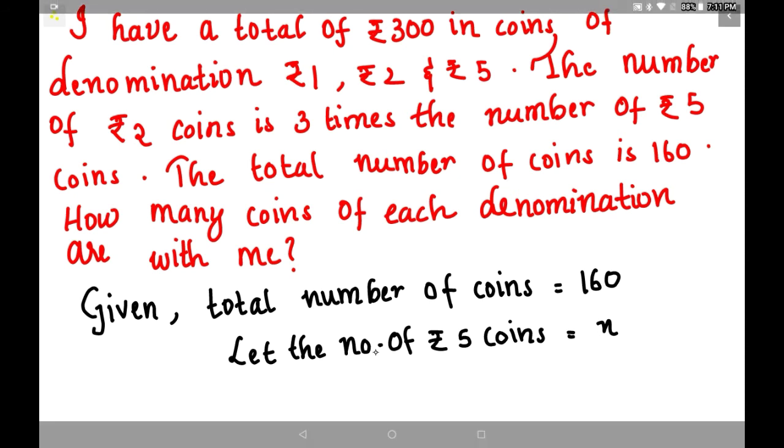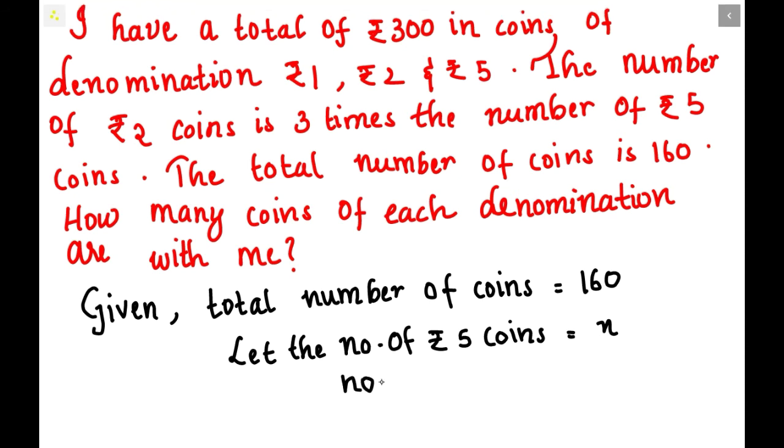So the number of rupees 2 coins is 3x. From this we can also find the 1 rupee coins. How? Because from the total number of coins minus the 2 rupees and 5 rupees coins, we can find the 1 rupee coins, right?